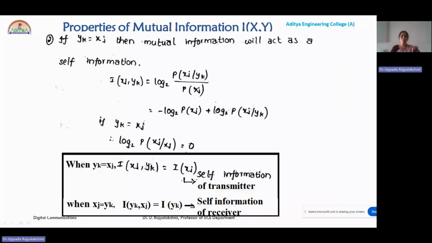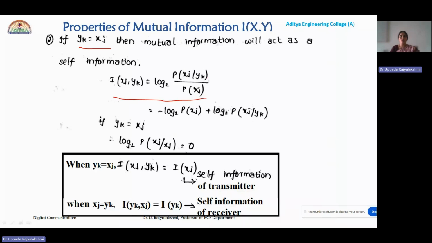Coming to the second property of mutual information: if yk is equal to xj, that is, if the transmitter events and receiver events are the same, then mutual information acts as self-information. Let us take the expression for I(xj,yk), which is equal to log P(xj|yk) by P(xj).